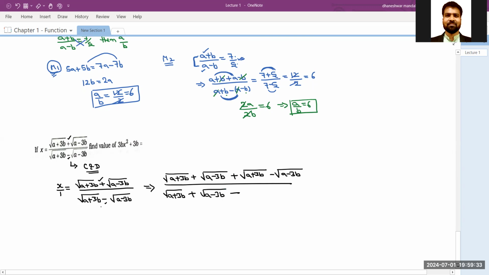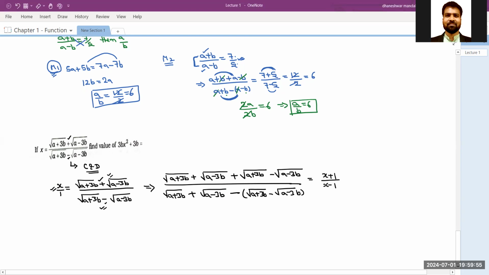I am subtracting this denominator from this term. So a plus 3b is there, also a minus 3b is there. Okay, so let's do the same step here. I am going to add these two terms and subtract these two terms.